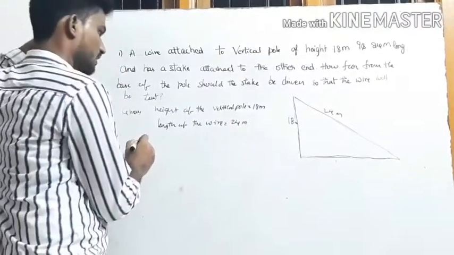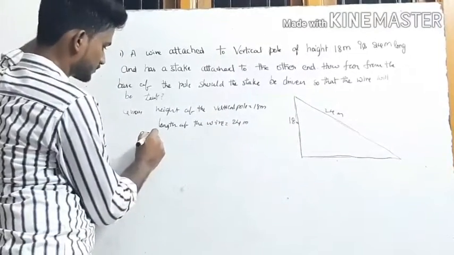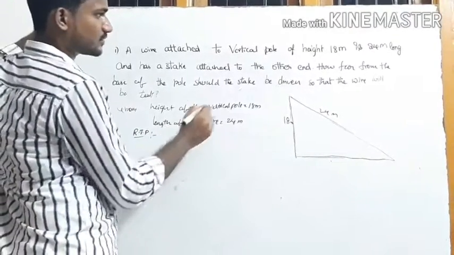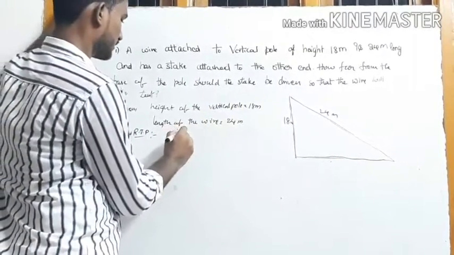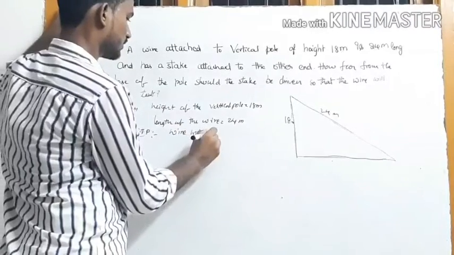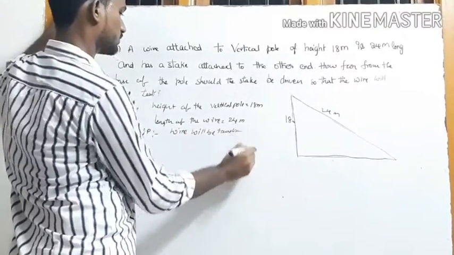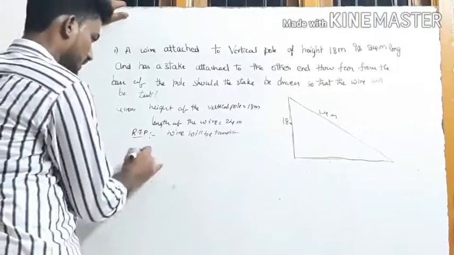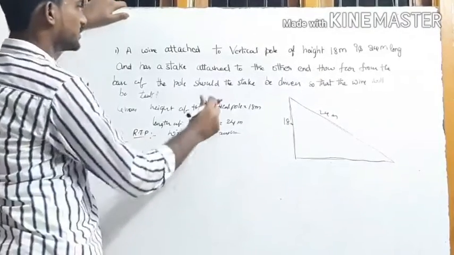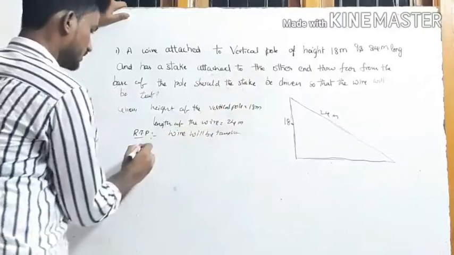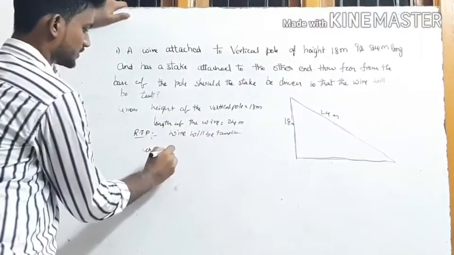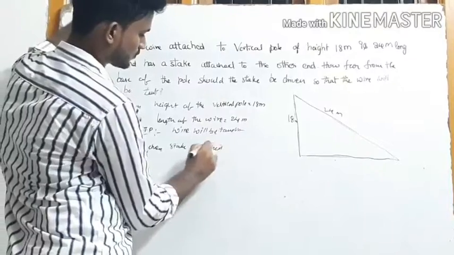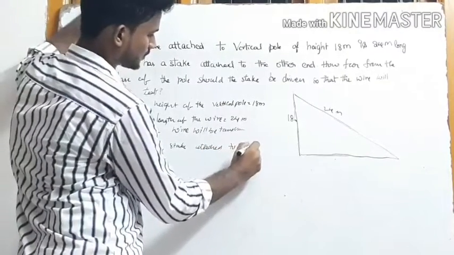Required to find how far the wire will be taut, given that a stake is attached to the other end.